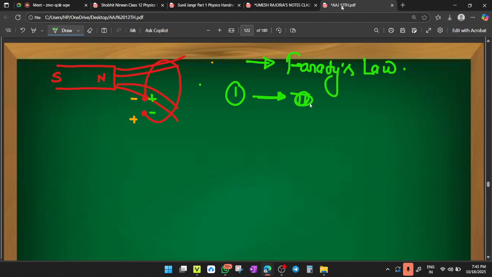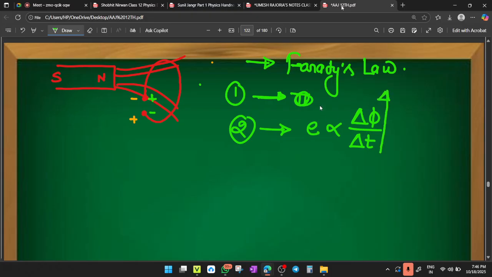As you stop changing the flux, the EMF will be zero. Second, the EMF produced is directly proportional to the rate of change of flux. The faster you change the amount of flux through the coil, the greater will be the EMF produced in the coil, right?